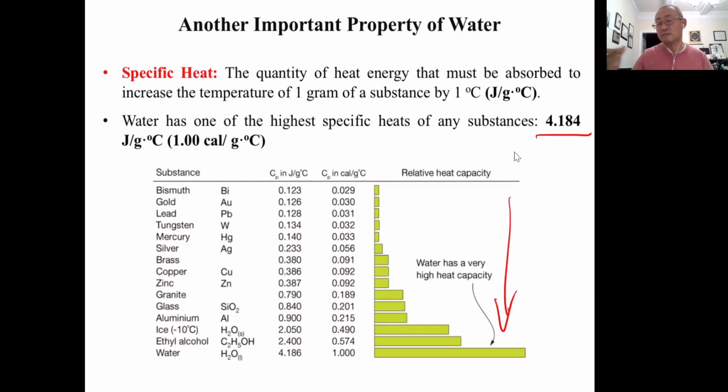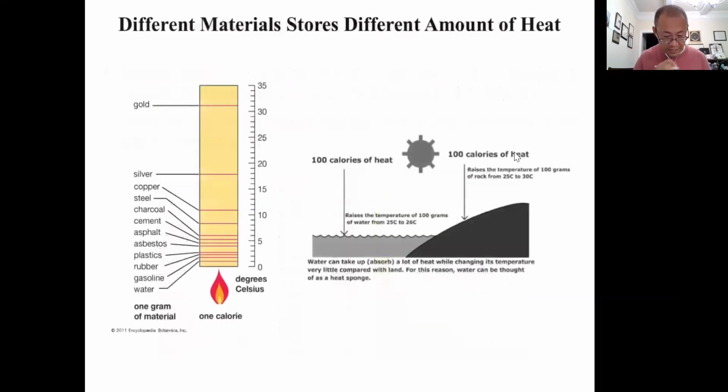Unlike metals, for example: if you heat some substance with 1 calorie of heat, the temperature will rise 20 degrees, like gold will rise 30 degrees, but water's temperature only rises 1 or 2 degrees. The reason is it takes a lot of heat to raise the temperature of water, so the temperature of water doesn't change much when the weather changes.